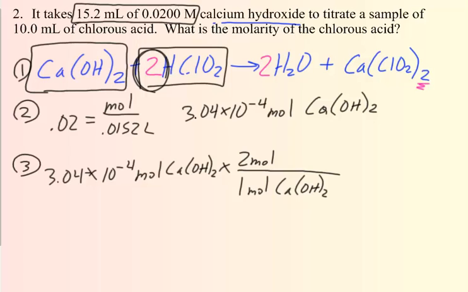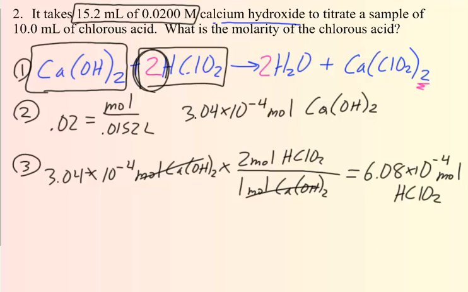So 2 moles of our acid. So of course, doing our math, 3.04 times 10 to the negative 4 times 2 gives us 6.08 times 10 to the negative 4th moles of our acid.